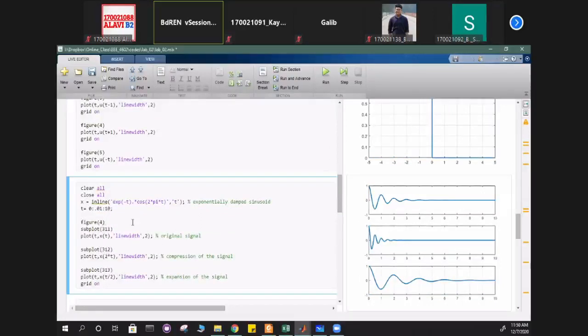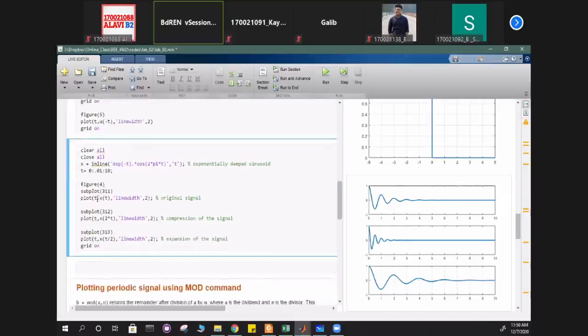Okay, so now in this case, guys, x(t) is our original signal, let us say the exponentially damped signal, and then what should x(2t) be? Sir, it will be 2 times compressed. Compressed, yes, and then x(0.5t), that is x(t/2), 2 times expanded. So if I just run this section, you can see I'm telling you the same thing.